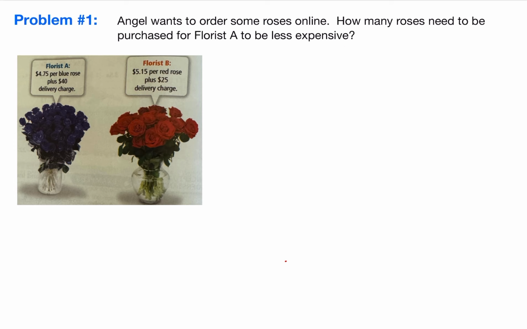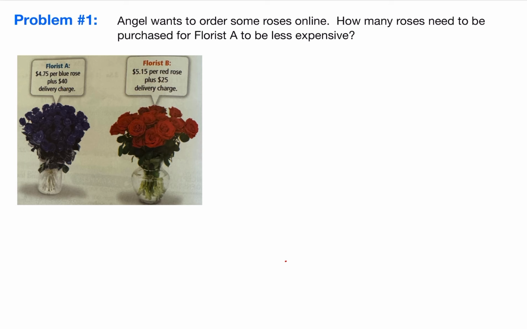Okay, so let's just think through this scenario for a second. If Angel wants to purchase one flower, one rose, if he were to purchase one rose from florist A, it's going to be $4.75 plus $40, so that's going to be $44.75.